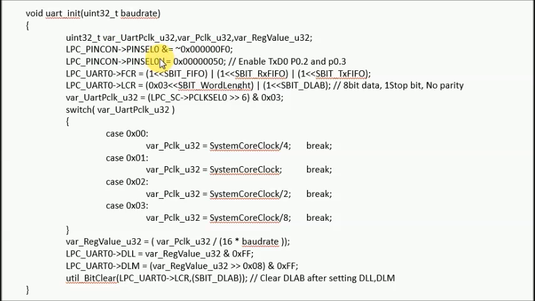Then I am going to enable the RxD and TxD pins using this register. Here I have written 5, which will enable that particular RxD and TxD pin.